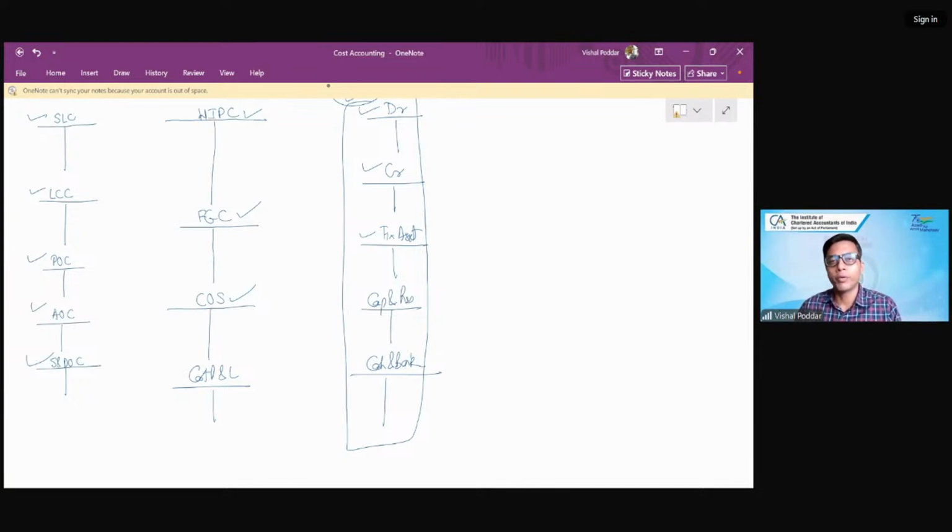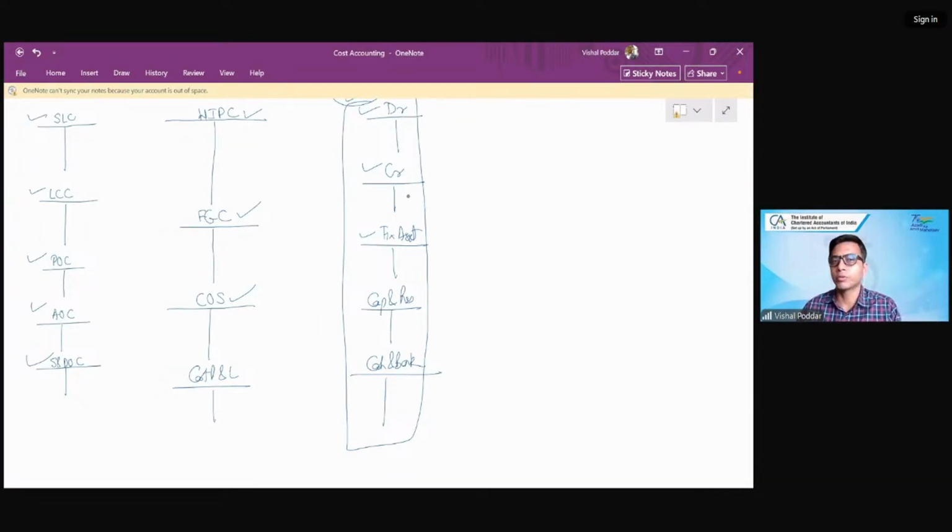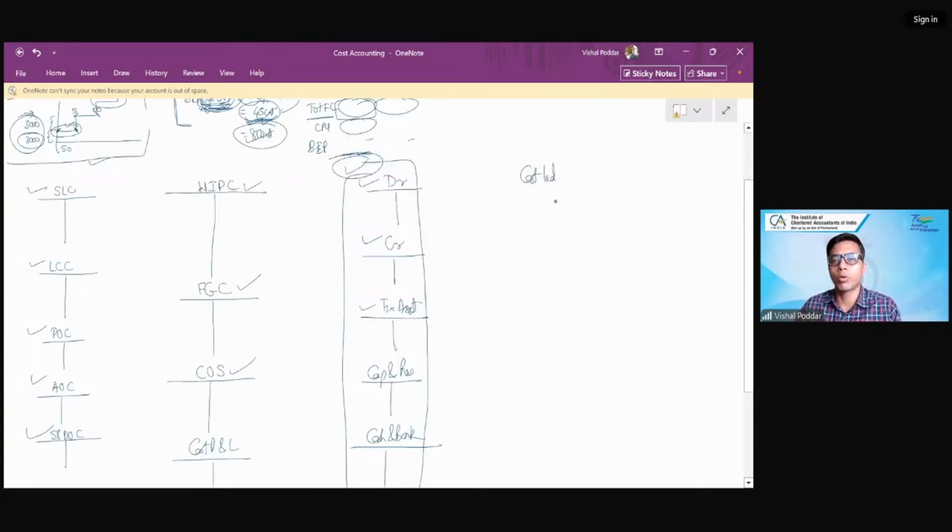But if your method is non-integrated, which is generally the one asked in exams, then instead of preparing all these separate accounts for each asset and liability, you prepare a combined account for all these assets and liabilities called the cost ledger control, that is CLC, or the general ledger adjustment, GLA. So this one account will represent all these accounts. This will happen if your method of accounting is non-integrated, correct?